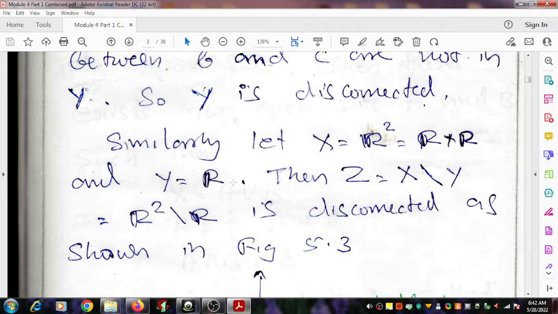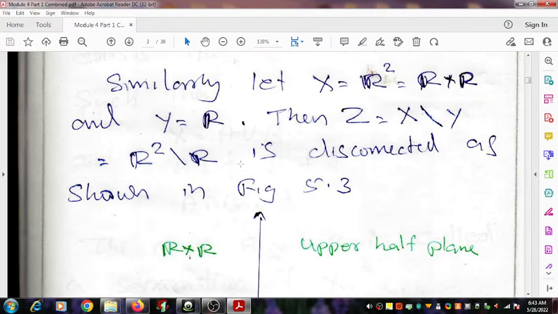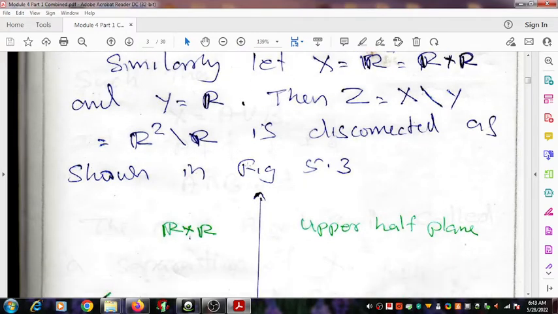We are removing that subspace from the whole space R2, and thus we define Z equal to X minus Y. That's R2 minus R, and it's a disconnected space.